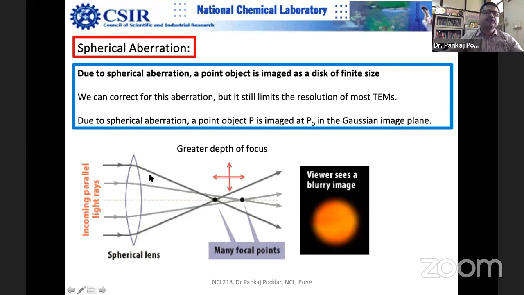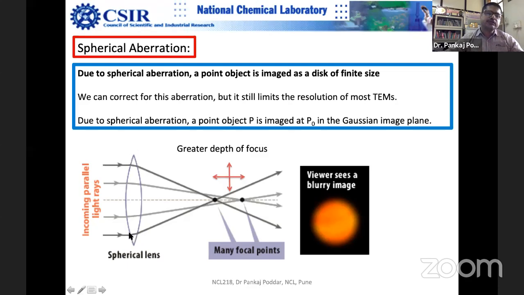So if you have parallel beams coming towards these lenses, because we are considering electron lenses, the magnetic field is much stronger towards the edges, here and here.